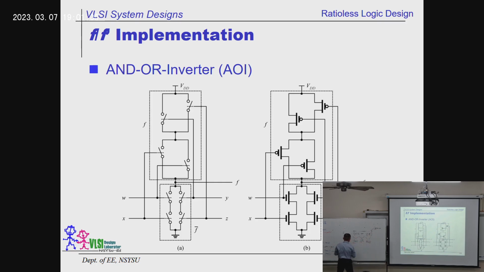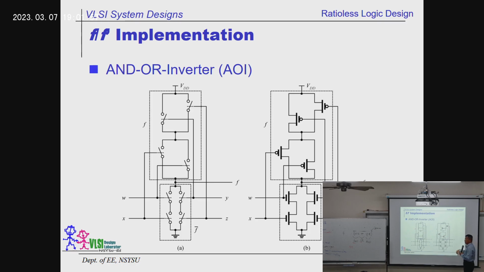So this is the AOI function. When you see the term AOI, that means the AND, OR, and inverter are combined together. A little bit more complicated, but it's still very simple.